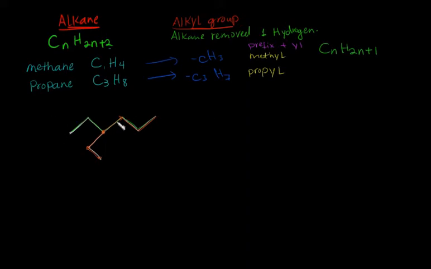So the second step is to number the carbons. But how do we number them? We should number them beginning with the end nearest the substituent. So where is my substituent?